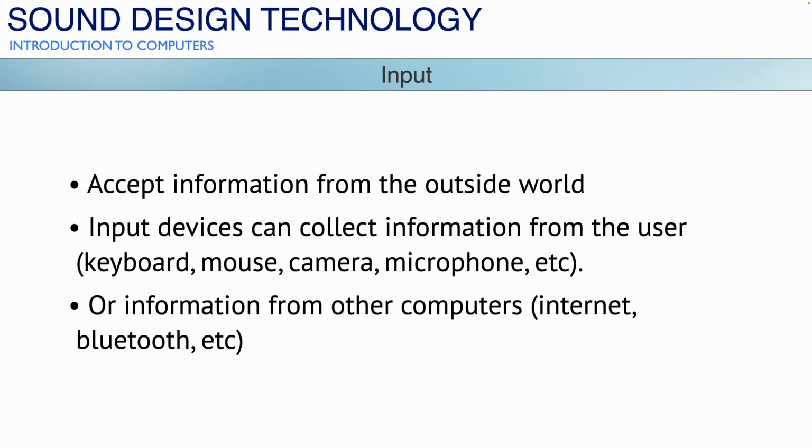If it's going to get information from the user, it gets that through different input devices like a keyboard or a mouse or a camera, a microphone. These are input devices that allow you to communicate information into the computer. And if the computer is going to collect information from other computers, it's going to do that probably over various network protocols or wireless, Bluetooth, stuff like that. Those are the ways that computers talk to computers.